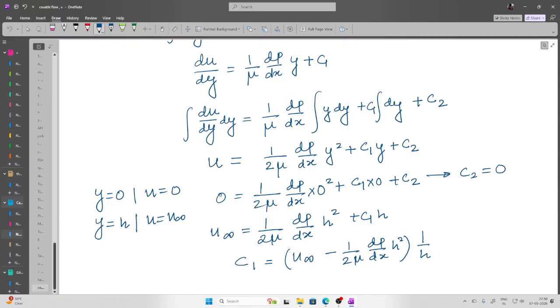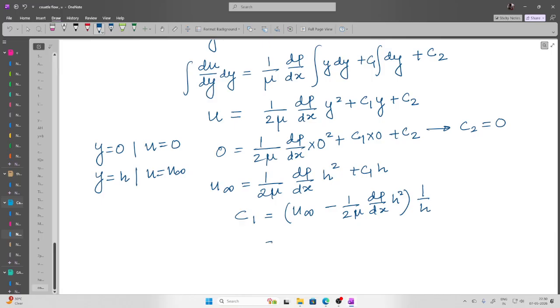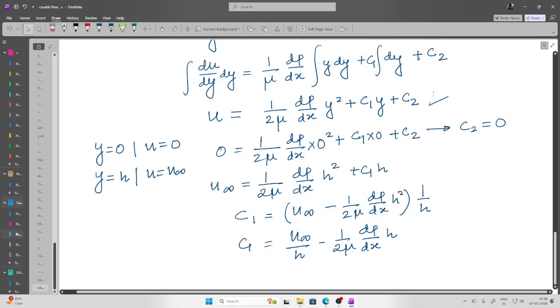Or you can bring this thing inside, so this will be u infinity by h minus 1 by 2 mu dp by dx into h. Now replace the value of c1 in this equation, and c2 as well.